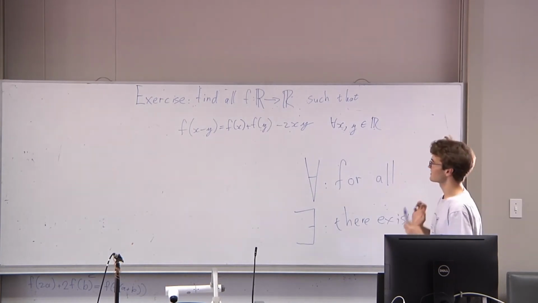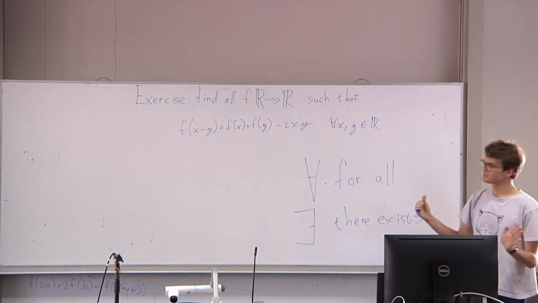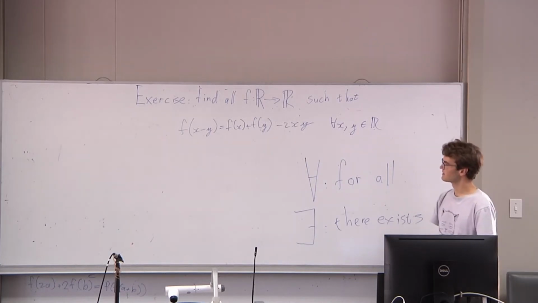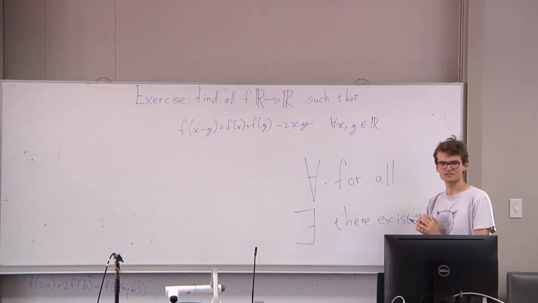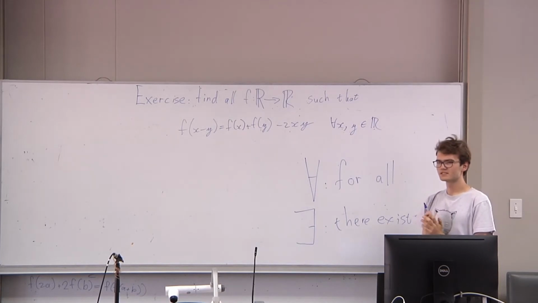So, the first step for every functional equation question in existence is you try to guess a solution. Does anybody have any ideas for solutions? I mean, isn't it easier to just try some values and see what comes out?